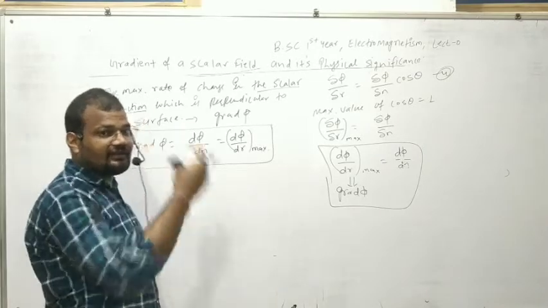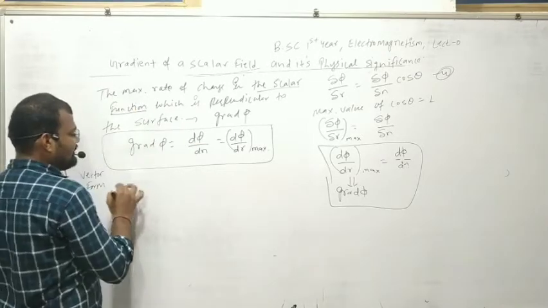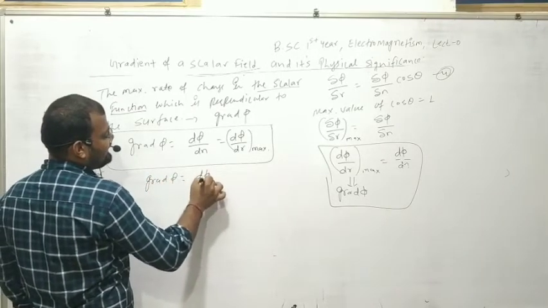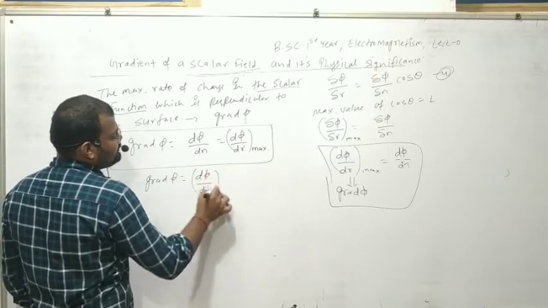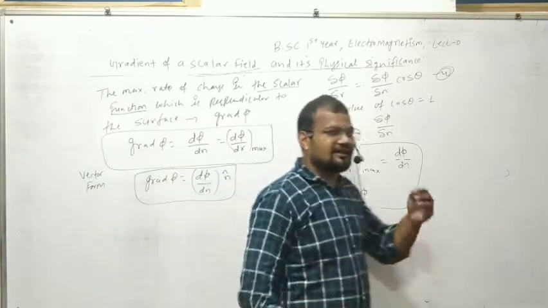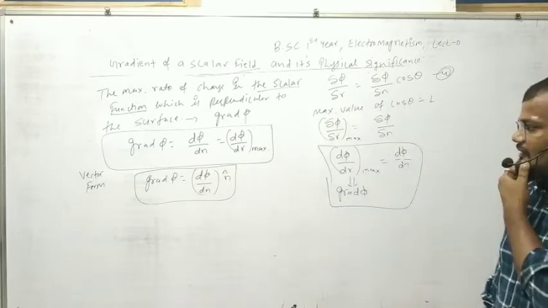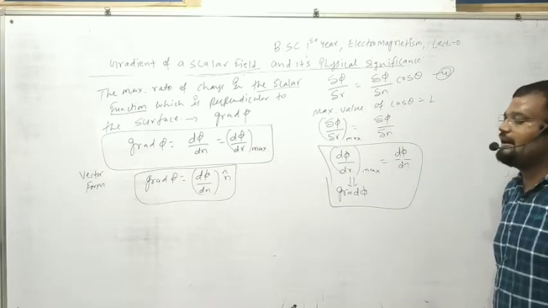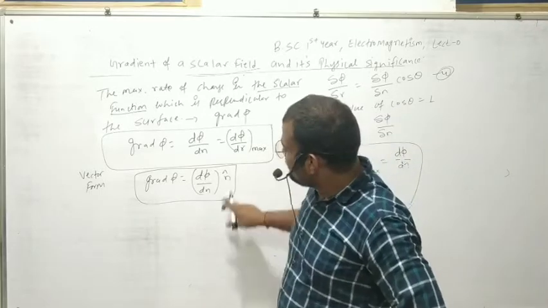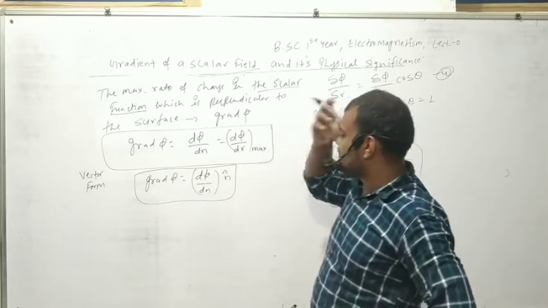I will get a vector quantity. Okay. So in the vector form, gradient phi will be d phi over dn into n cap, where n cap represents the perpendicular direction to the surface. This is in the vector form, and the earlier one is in the scalar form.